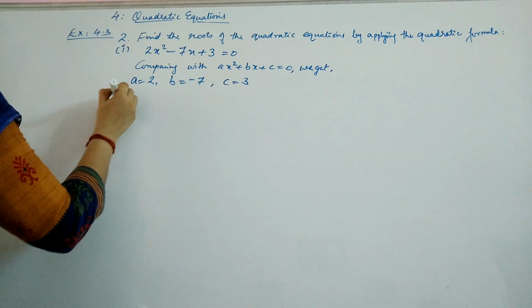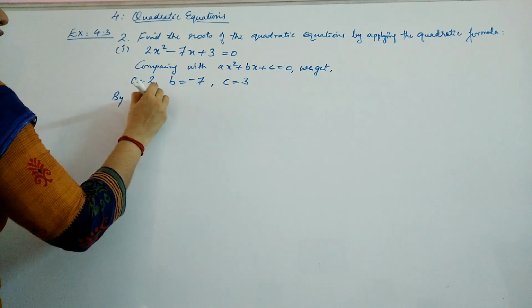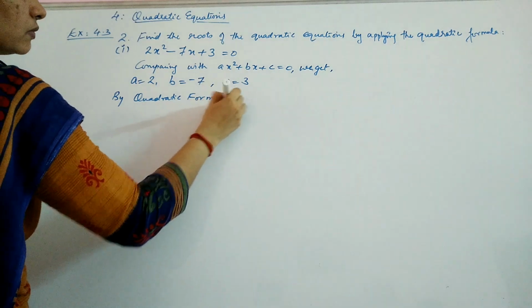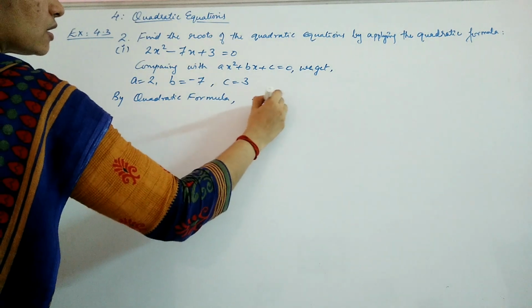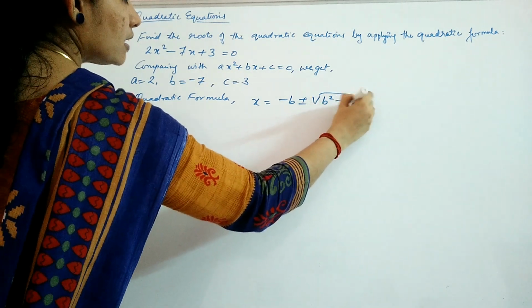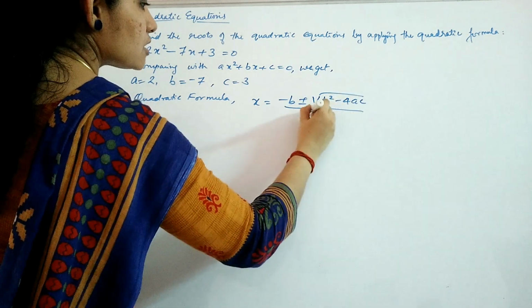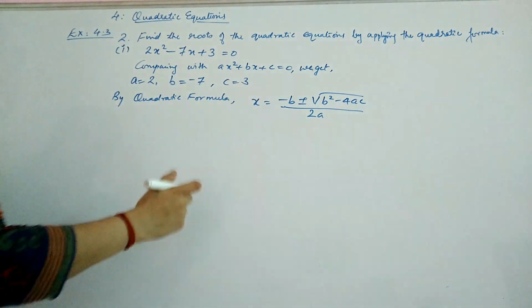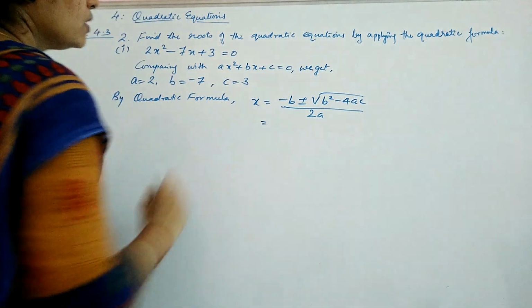Now what is your quadratic formula? By quadratic formula we have x is equal to minus b plus or minus root of b square minus 4ac, this whole divided by 2a. And here we are applying. What will be x equal to then?